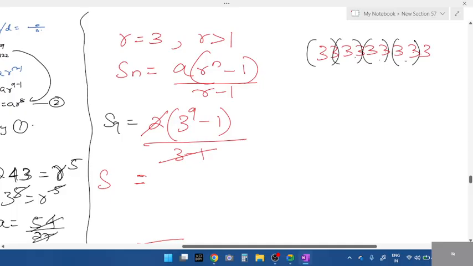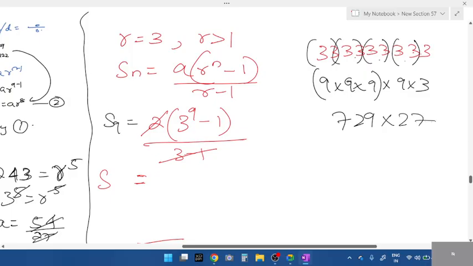1 2 3 4 8 9. Okay. 9 into 9 into 9 into 9 into 3. What is 9 cube value? How much is 9 cube? 729. 9 threes are 27.